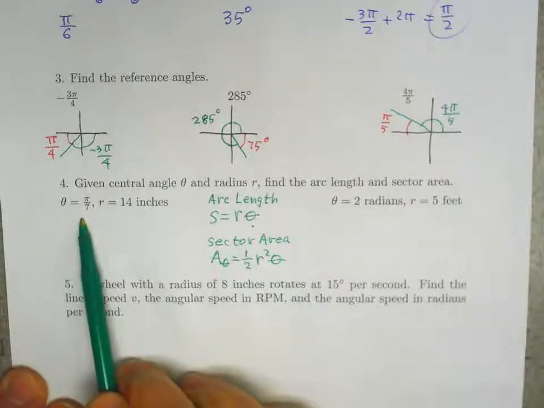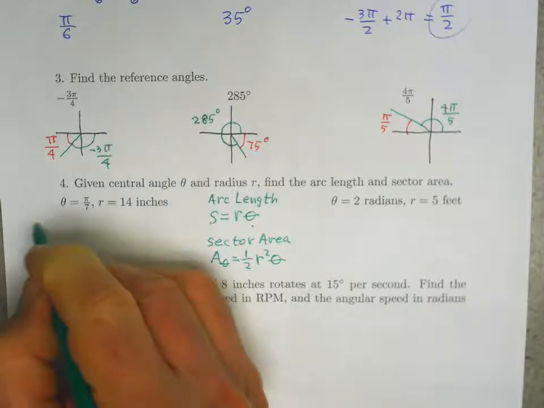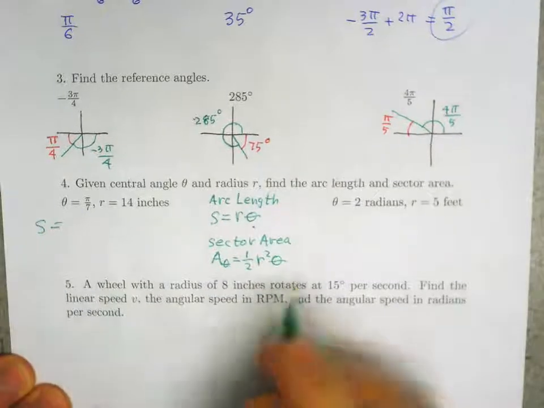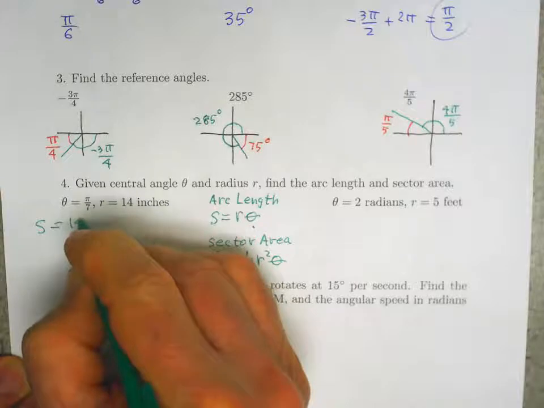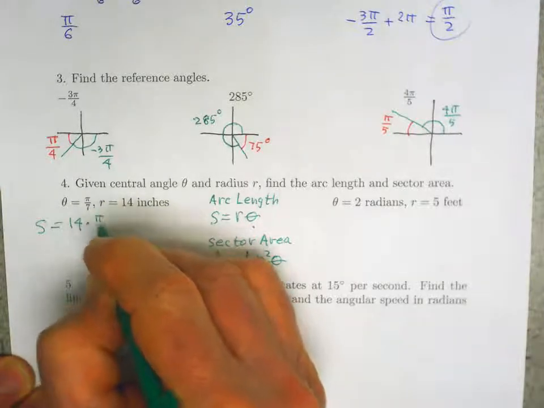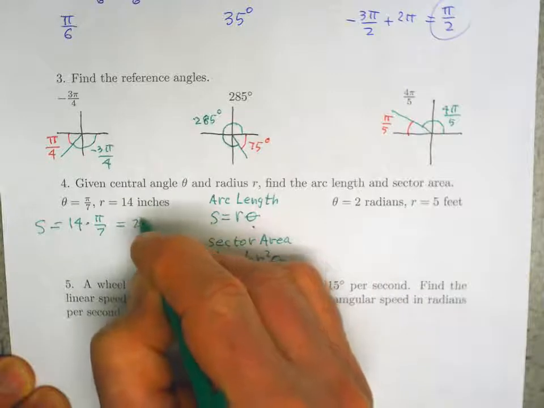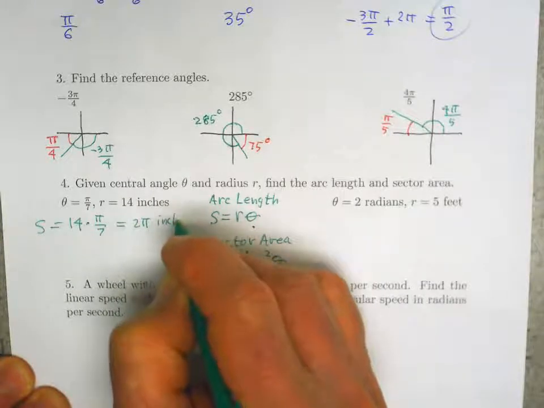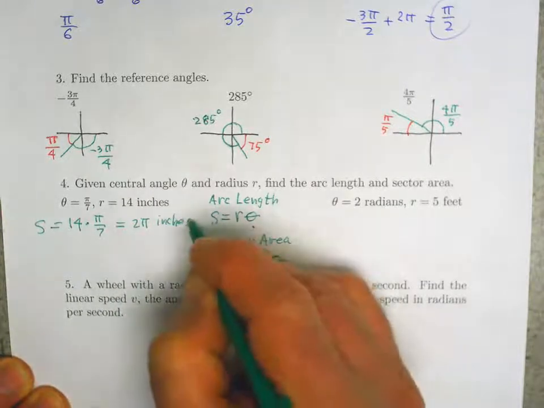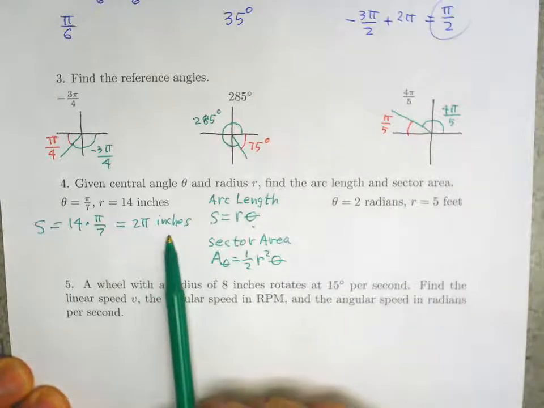Okay, so for this one, the arc length S is equal to 14 times pi over 7, or 2 pi inches. We'll include the units when appropriate.